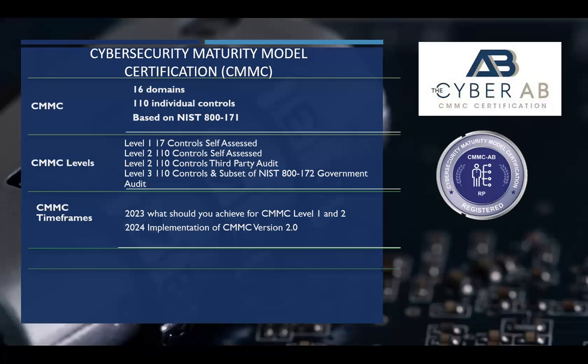You do not have to have any or all of the 110 controls implemented. You just need to have your SSP, your POAM, and denote that in the Suppliers Performance Risk System.